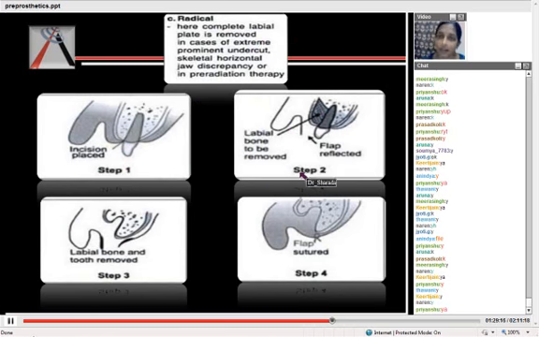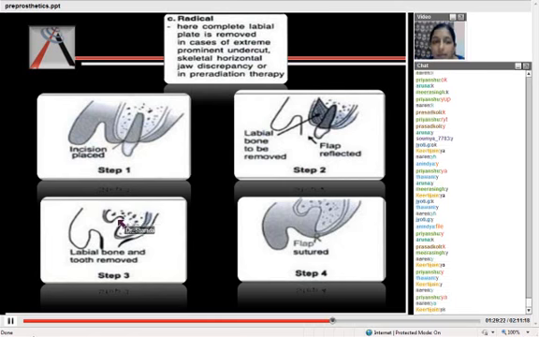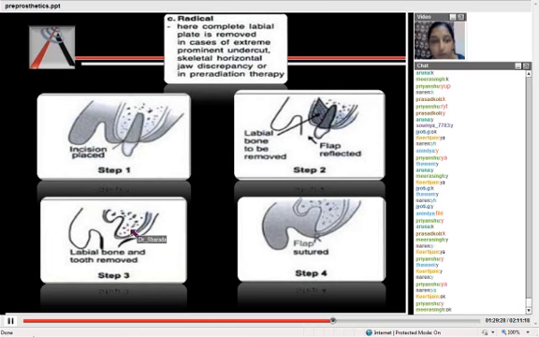You can't do anything about it; the undercut is very, very prominent, so you remove the plate. You've removed this much portion of the labial bone and the tooth also, so this is how it's going to look. That's the radical part. You're removing a piece of the cortical plate.